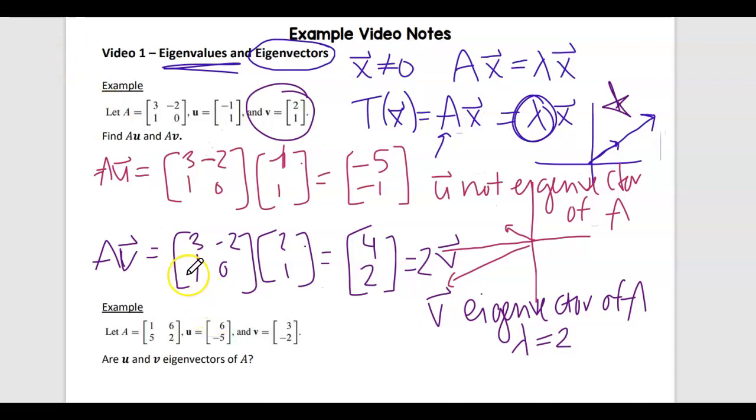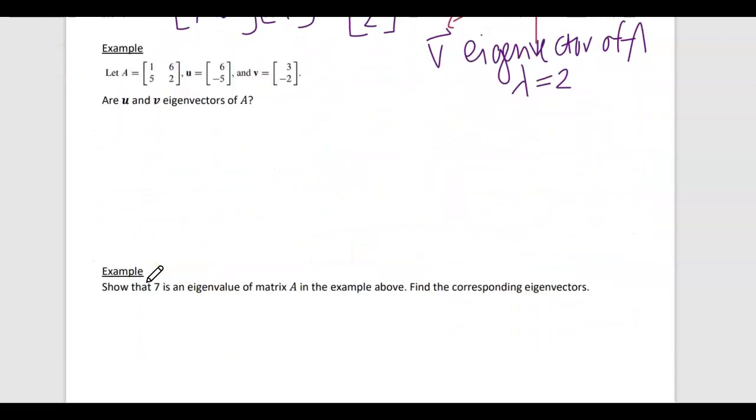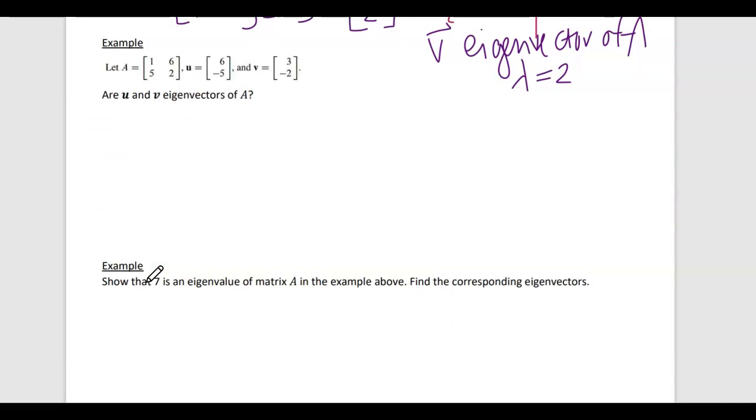All right, let's do another set of examples. In this one, it's wanting us to verify, are U and V eigenvectors of A? Well, if that's the case, then A times U needs to be something times U. So let's figure that out. Like, is that true?